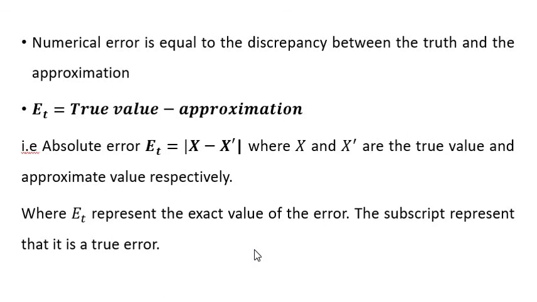So Et equals the absolute value of x minus x dash. This error is called absolute error. Therefore absolute error Et equals absolute value of x minus x dash.